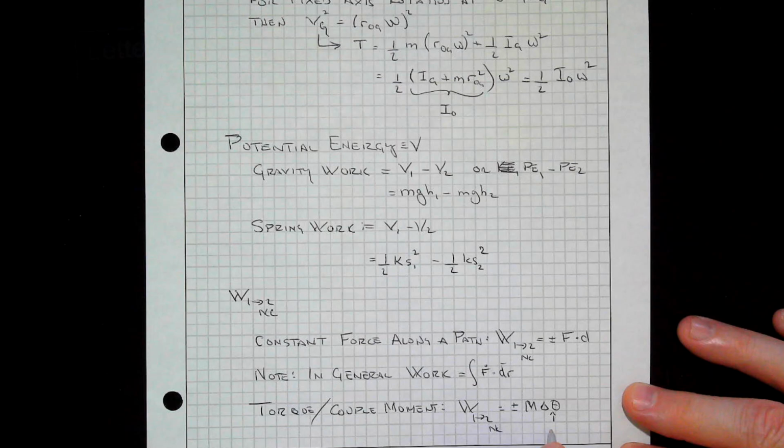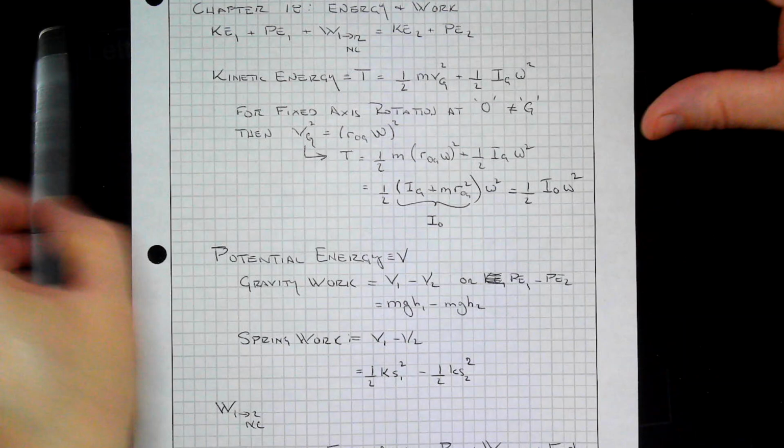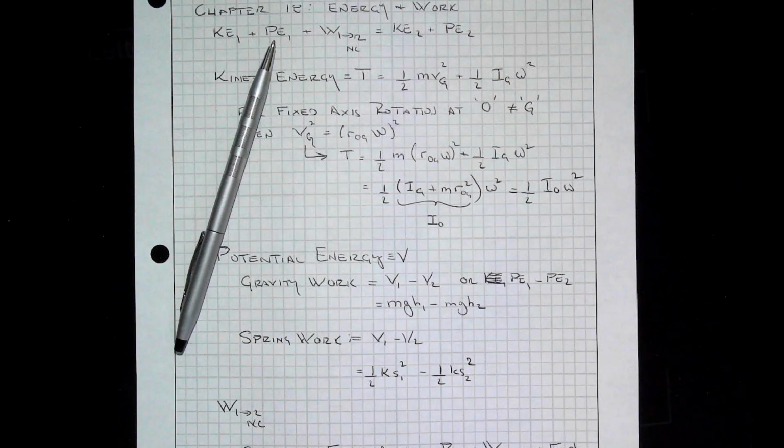Now, for fixed axis rotation, we'll take note that if we are rotating at O as opposed to G, Vg squared would be R from O to G times omega. So we can express 1/2 mv squared as that.